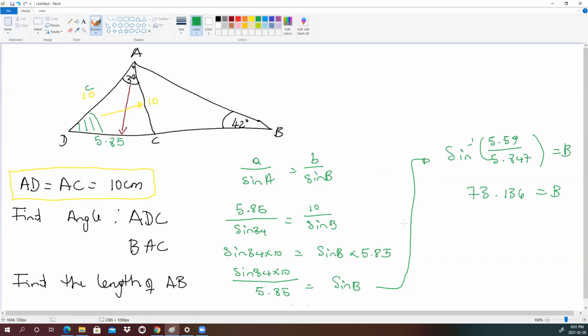I got 72.746 or 72.75. Around there. All right.